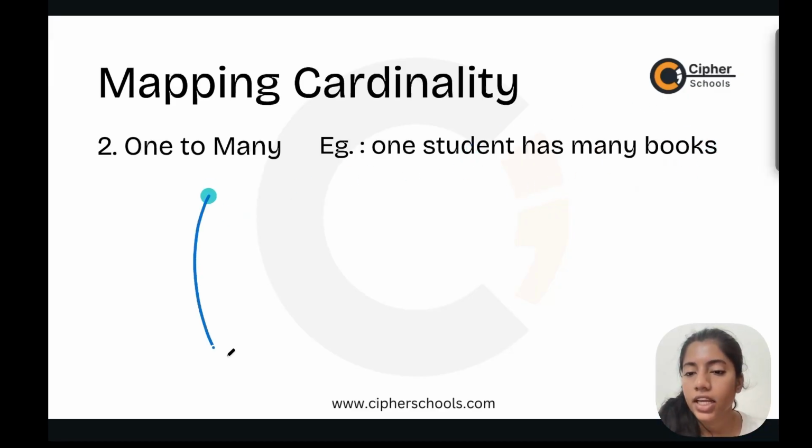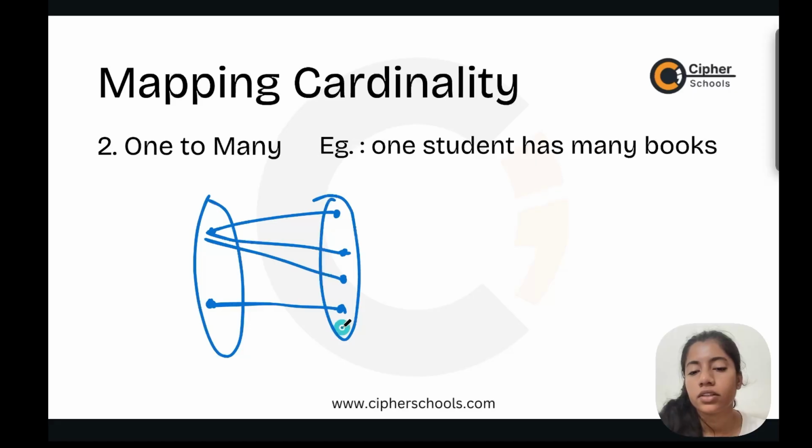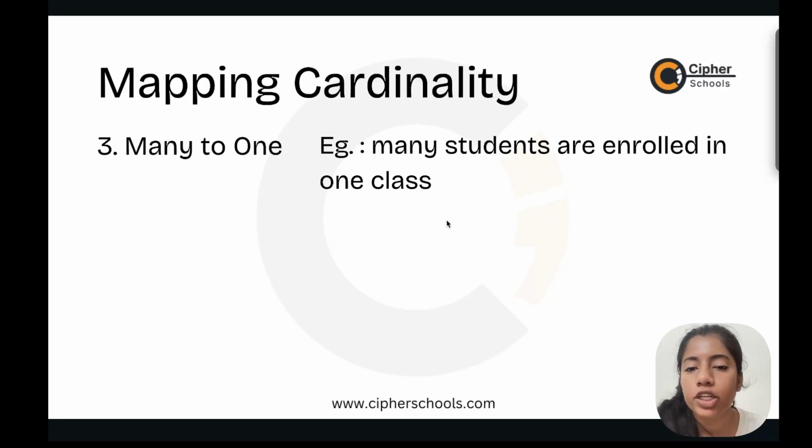So set A can be associated with many from set B, but from set B, it is associated with only one from set A. So this is a one-to-many relationship. You can think of many examples. It's better if you think on your own and explore things, because the more you explore, the more you understand. Let us move ahead and talk about many-to-one relationship.